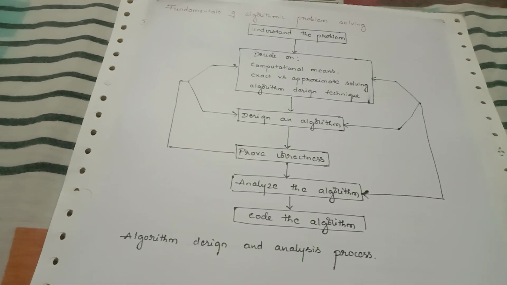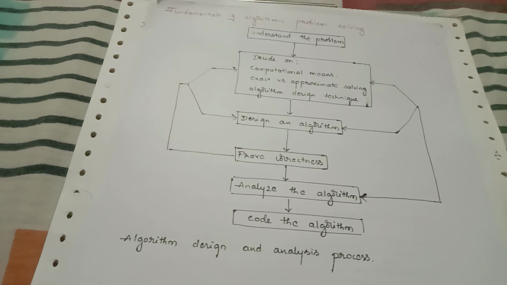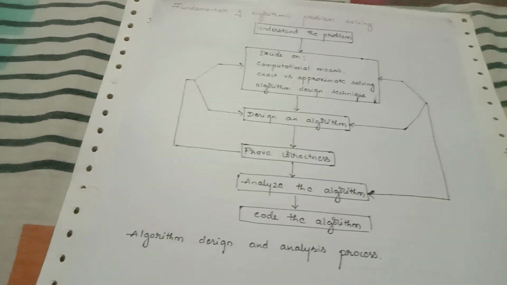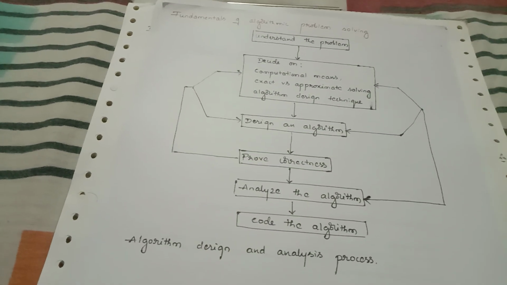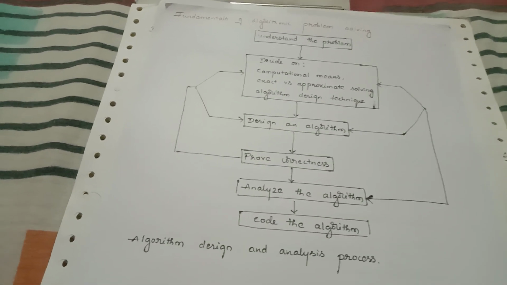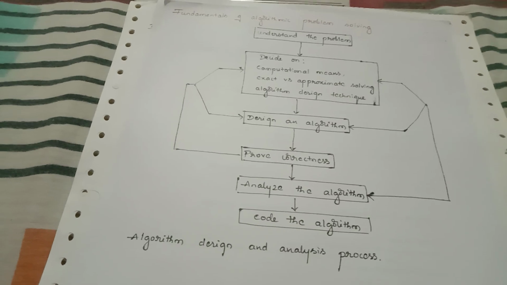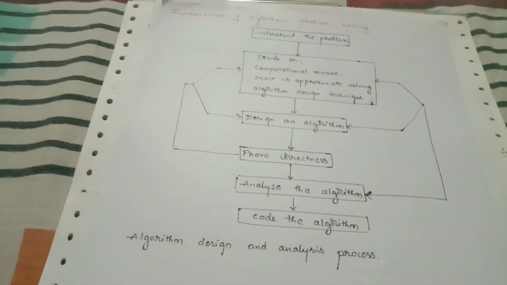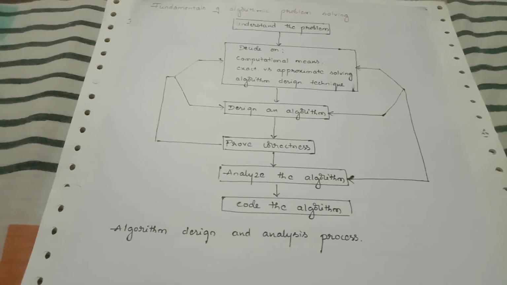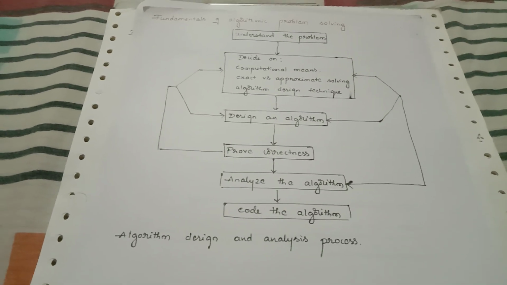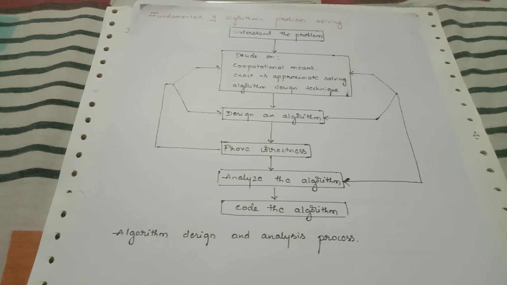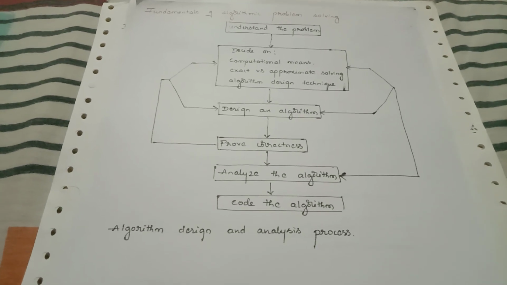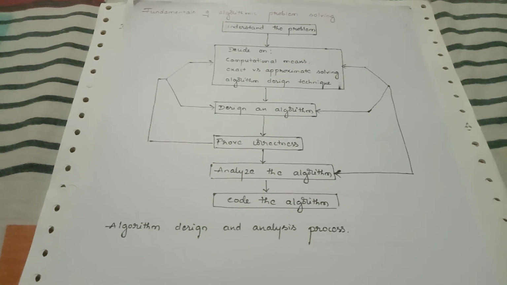So when you try to find the computational device, the next thing is exact versus approximate solving. We have to choose between exact and approximate problem solving. The next principal decision is whether the problem you are going to solve is solved approximately or you are going to get the exact values.